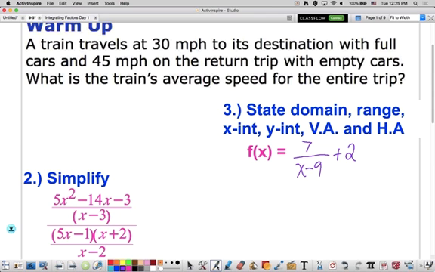True, but x times x, does that give you 5x squared? No, so take a look. Maybe if you need to get closer, go look at it, write down the steps. But isn't it just that negative 14 multiplies to negative 15? When we have that a in there, it throws things off.